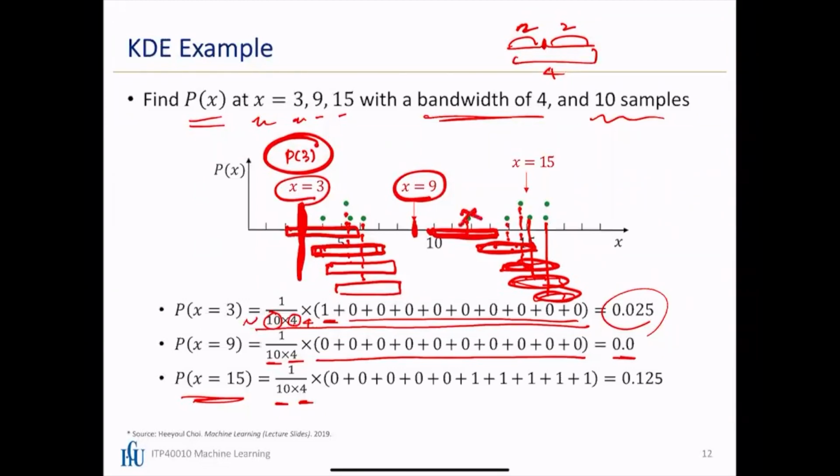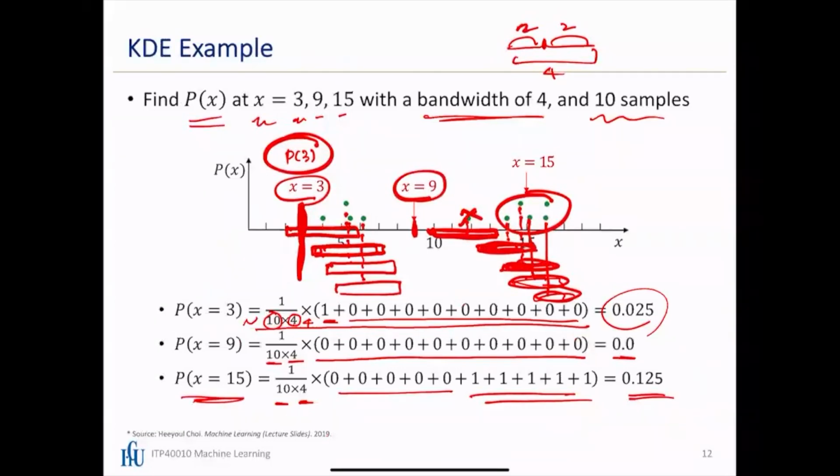Oh no, so this is enough, where you have 5 data points whose kernels are overlapping with x15. So you are adding all of them as 1. So eventually it's going to be 5 over 40, so 0.125. I hope you get the idea.